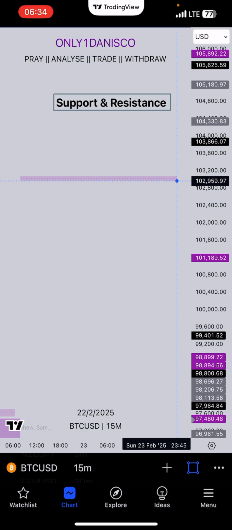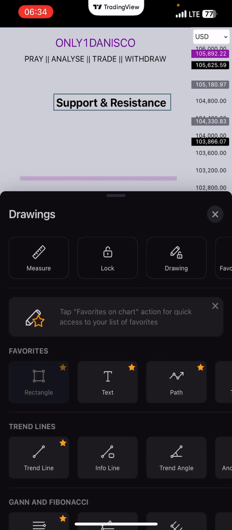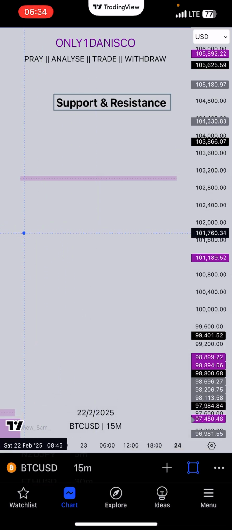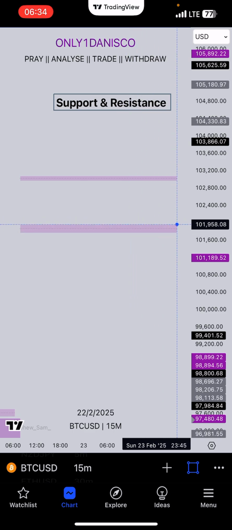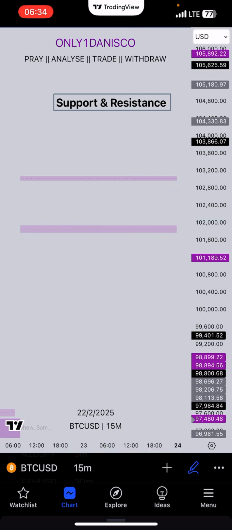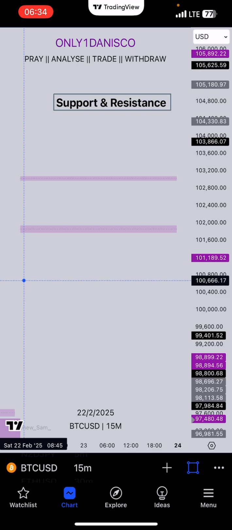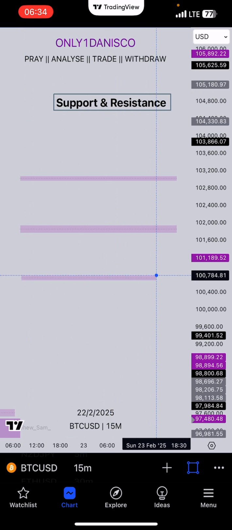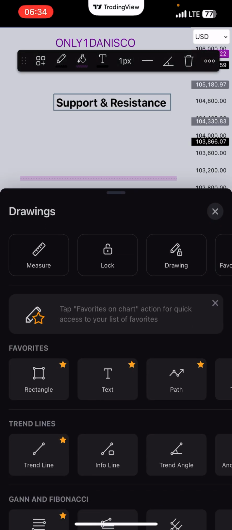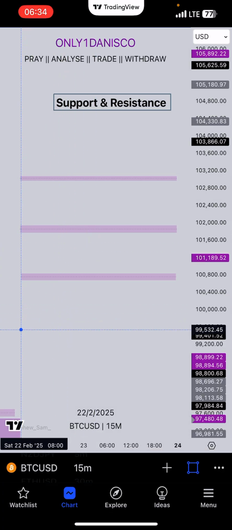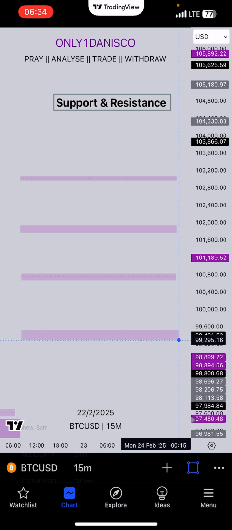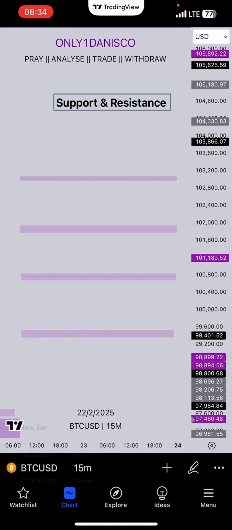They can be either support or resistance zones. In the forex market we move from zone to zone. It depends on where the price is, which is why you check the name, support or resistance.